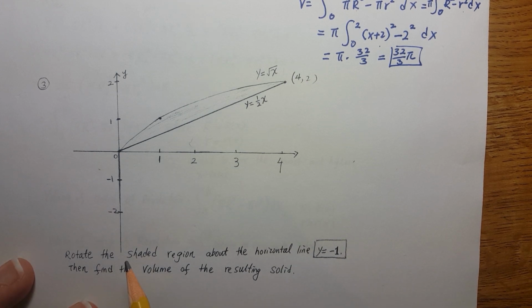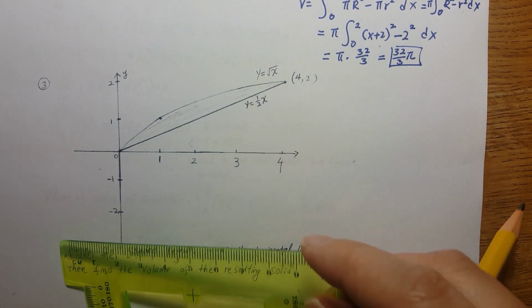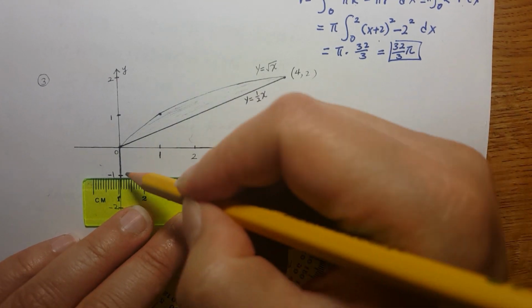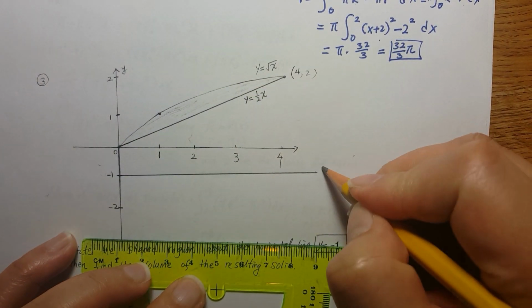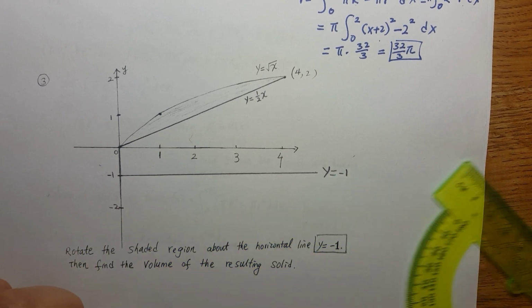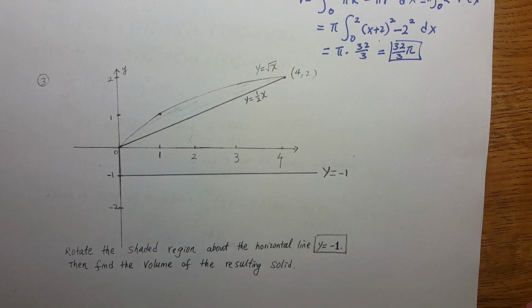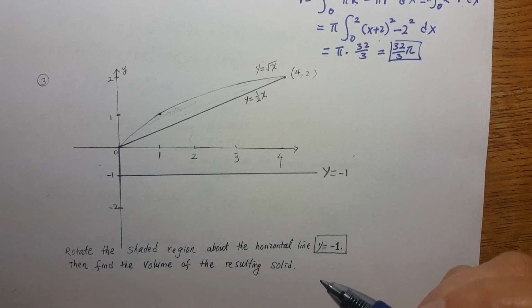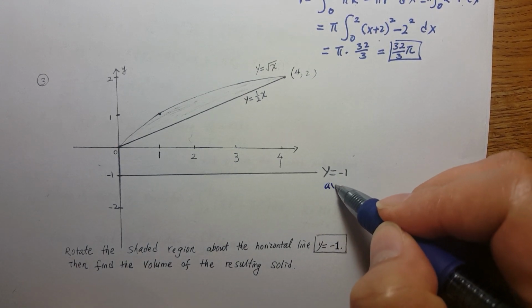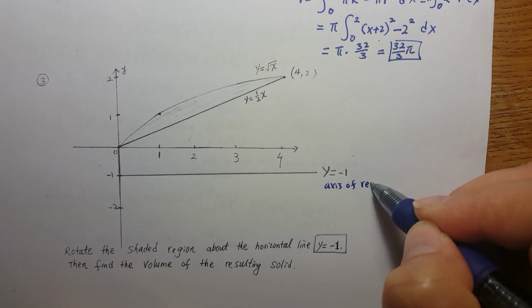So now I have to draw this line because it's not there. I want to draw the line y equal to -1, and then I am going to use this as my axis of revolution.